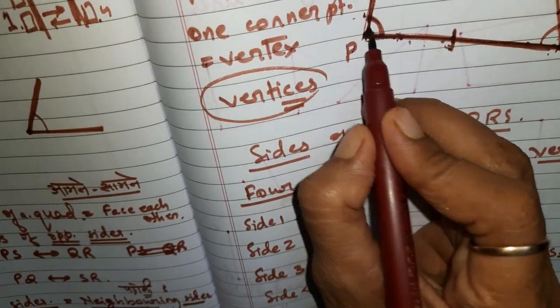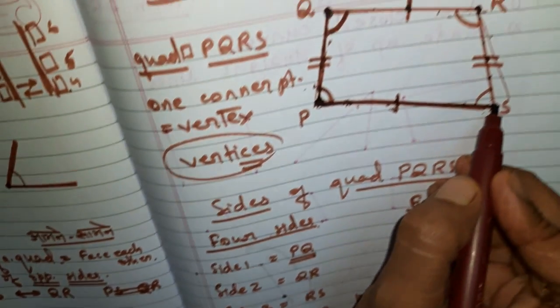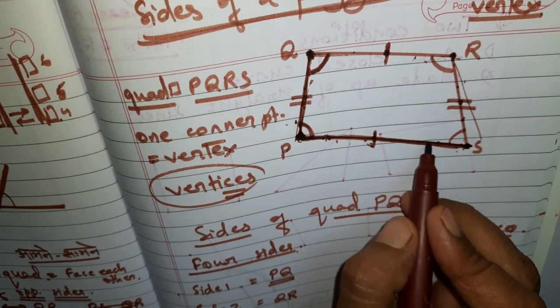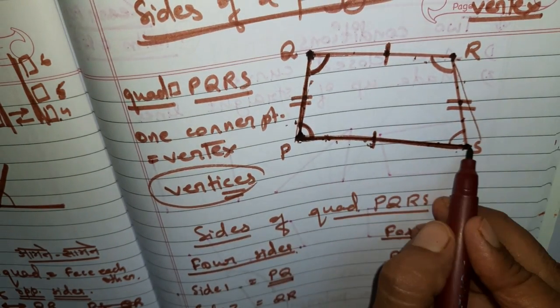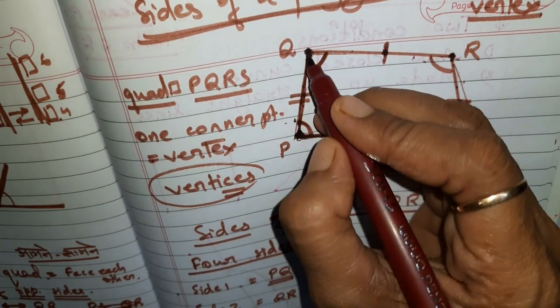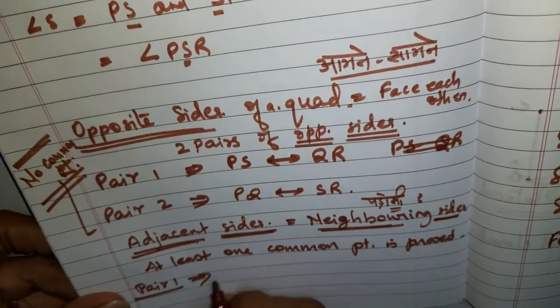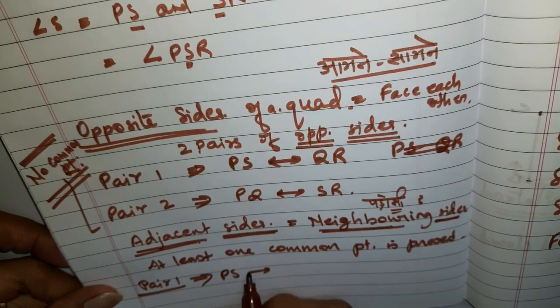Pair 1. If PS is one of the sides, then adjacent to this is PQ. Let us consider PS as one side, then the other side is PQ. So PS is adjacent to PQ.